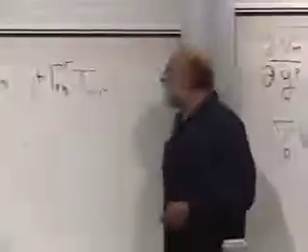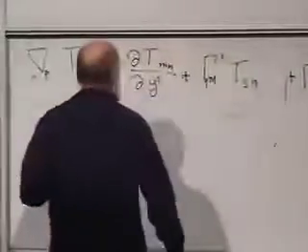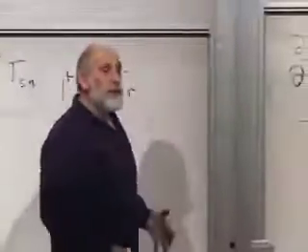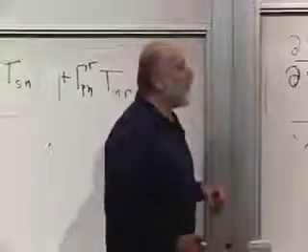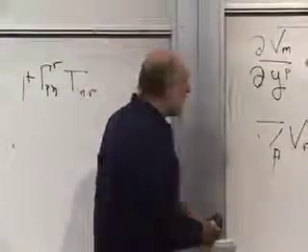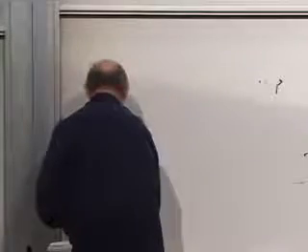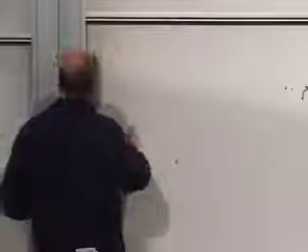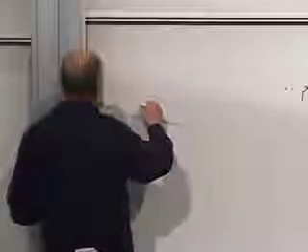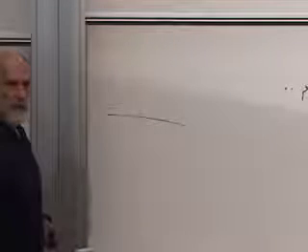Now let me give you an example of a vector which is clearly not constant even though the derivatives of its components are 0. Go to polar coordinates. Ignore the origin. The origin, as I said, is a nasty point, so we'll forget it, not important.